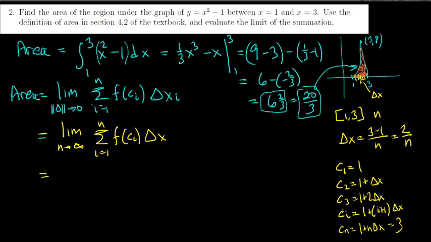And so in the end, we'll take the limit of the sum, i goes from 1 to n. And so instead of x, we'll plug in 1 plus (i plus 1) delta x.